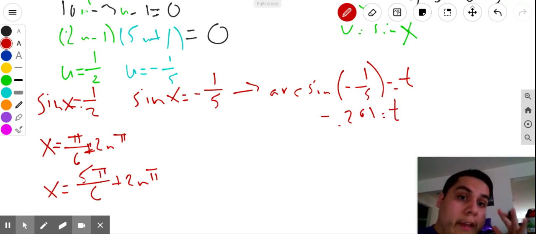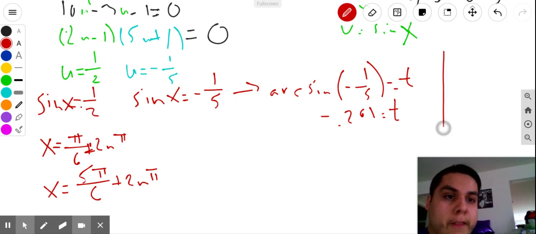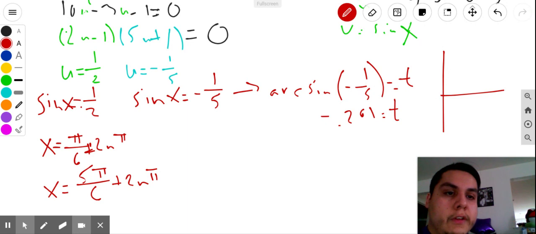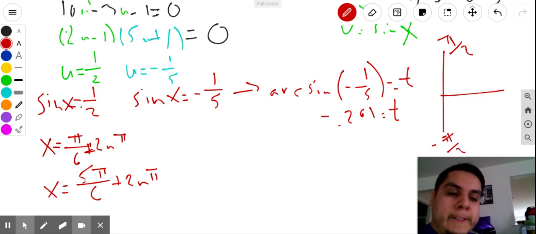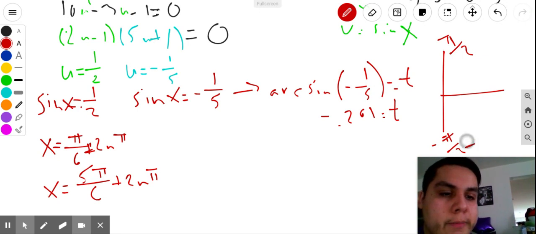So remember that sine inverse, arc sine, only covers from pi over 2 to negative pi over 2. And this is about negative 1.57.